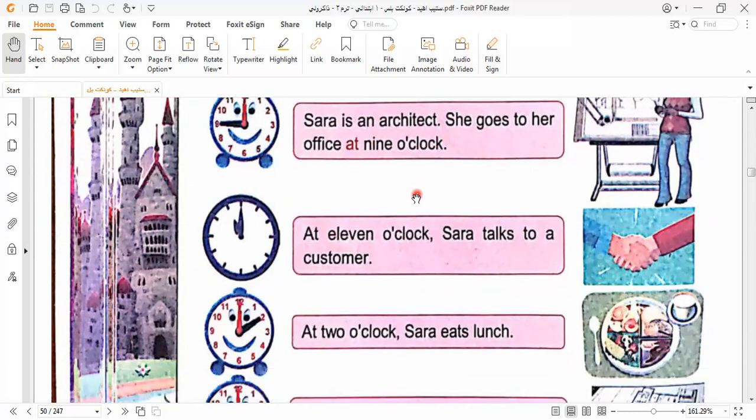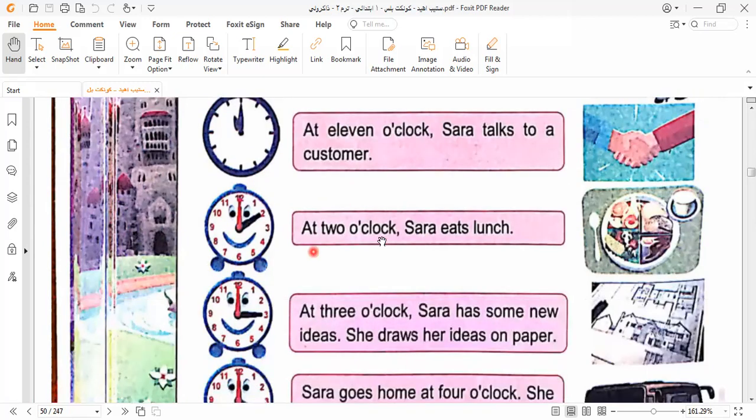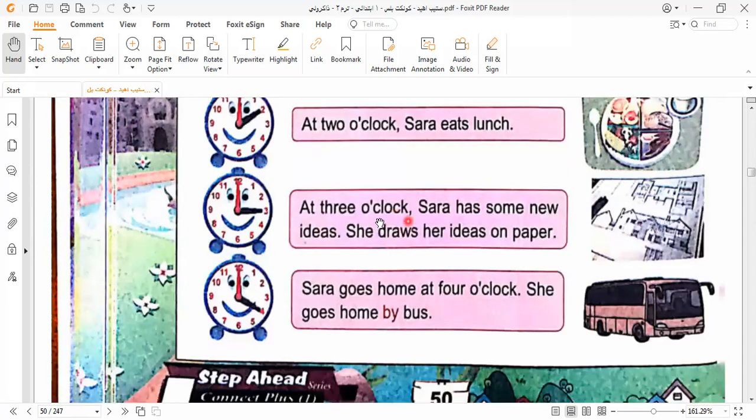So we have a routine, and we have steps that we do, step after step. Sarah is an artist. She goes to her office at what? At 9 o'clock. At 11 o'clock, what is Sarah doing? Talks to a customer. At 2 o'clock, she eats lunch. At 3 o'clock, what is Sarah doing?